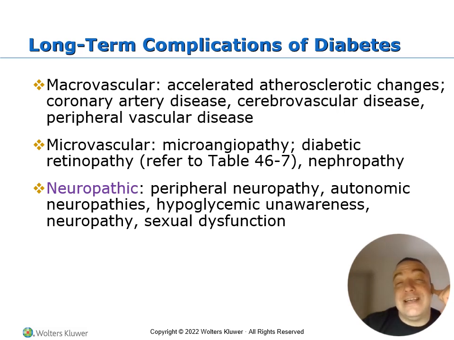Micro, start thinking smaller, the inside of those kidneys, the little pathways, right? And then another part of the micro is the neuropathic, and you start affecting the nerves. Sexual dysfunction, the neuropathies, numbness and tingling in the extremities, the toes, the feet, non-healing wounds, all those things. Those are your long-term complications.